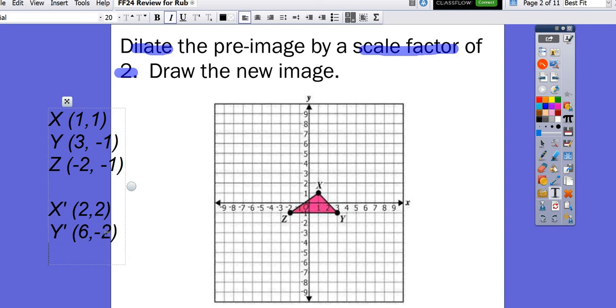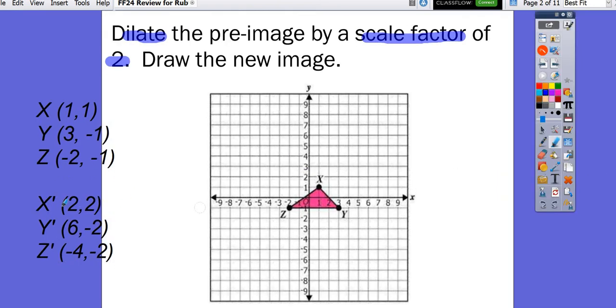And then finally, I'm going to do Z prime. So -2 multiplied by 2 is -4. And -1 multiplied by 2 is -2. So I have all of my new coordinates here, so let's go ahead and plot them.